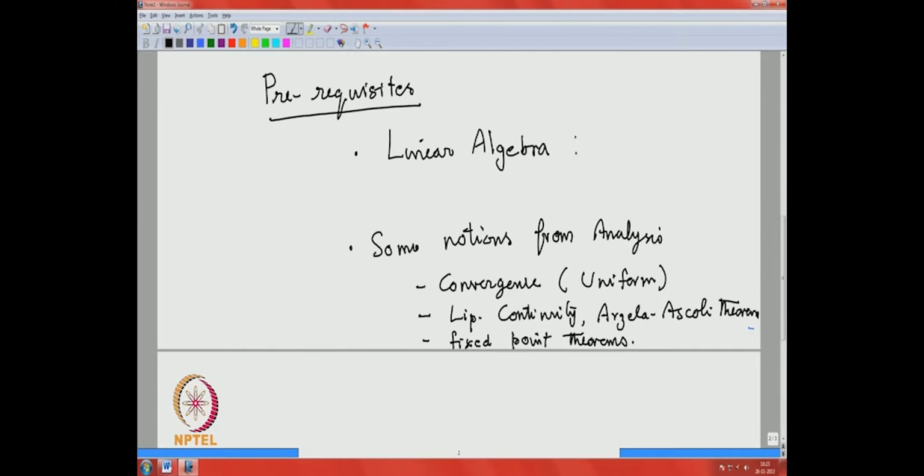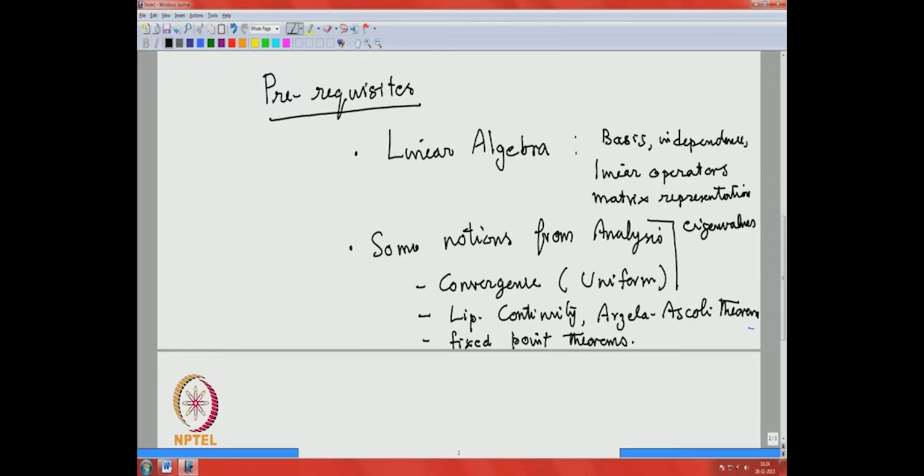And in linear algebra, notions like basis, independence, and you also need to know concepts like linear operators, matrix representation, concepts like eigenvalues and things like that, etc. You want to know that.